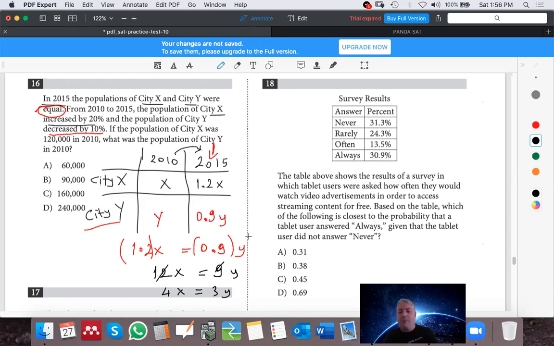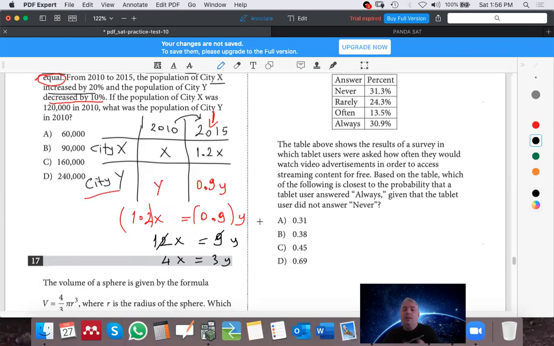I'm just doing this, probably I will use it. Now, it says that if the population of city X was this number, what did I say? It was X. So instead of X, let me put this. 4 times 120,000 equals 3 times Y. Now, what is the question?